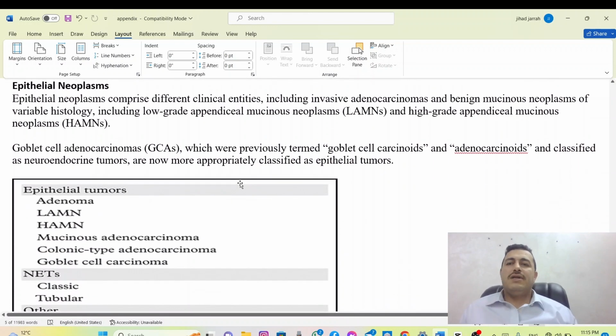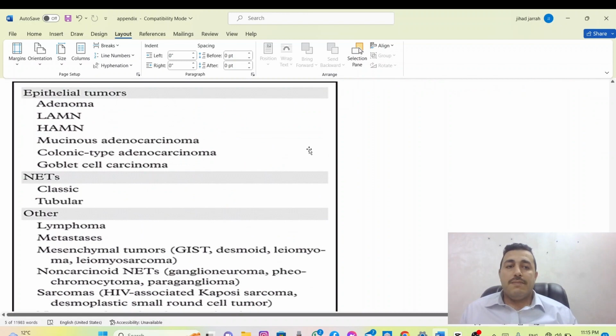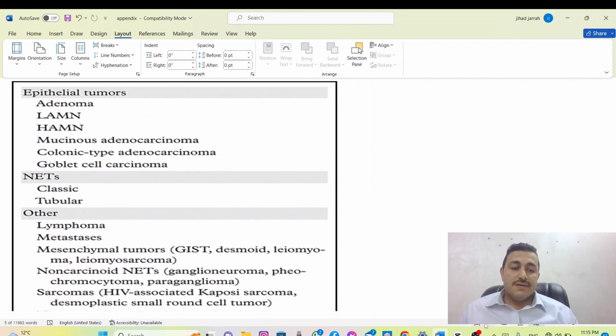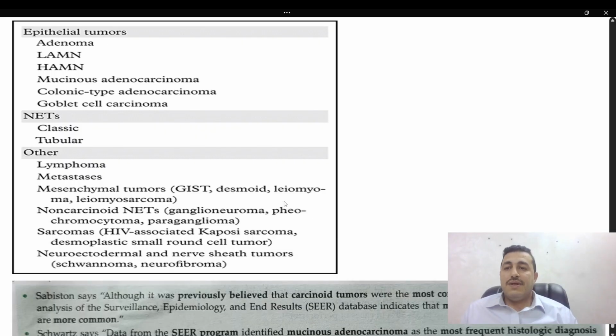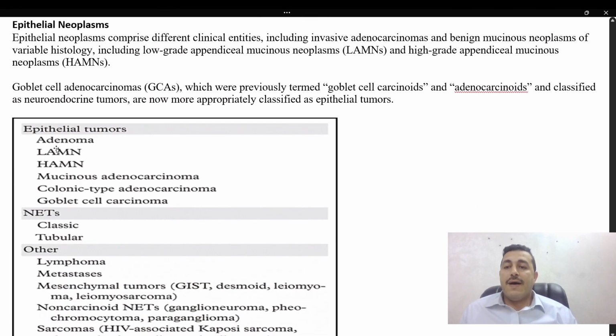Okay, actually, the neoplasms of the appendix have new classifications, and they are now called epithelial neoplasms. To make it simple, this table discusses what epithelial tumor means. Here we have the adenoma, like any lesion in the bowel, so we can have adenoma of the appendix.